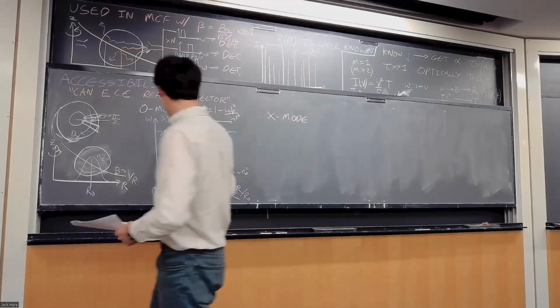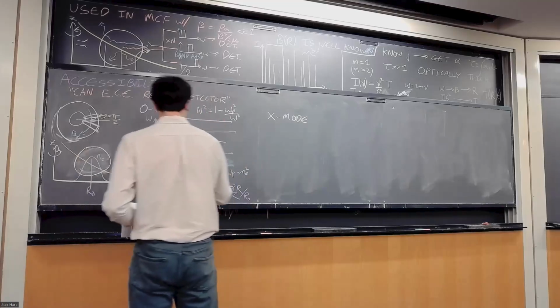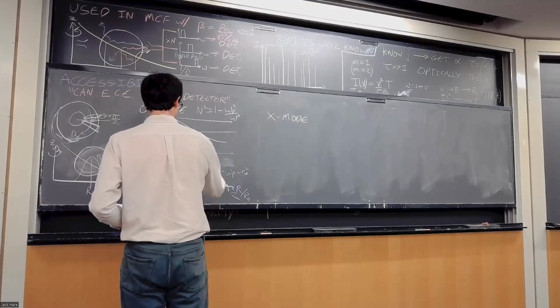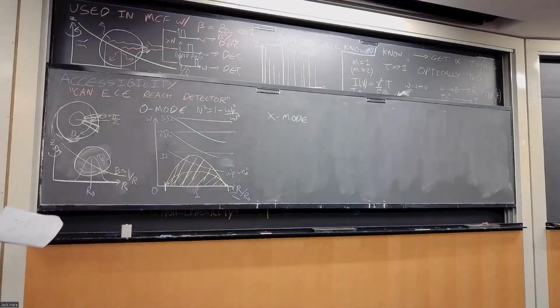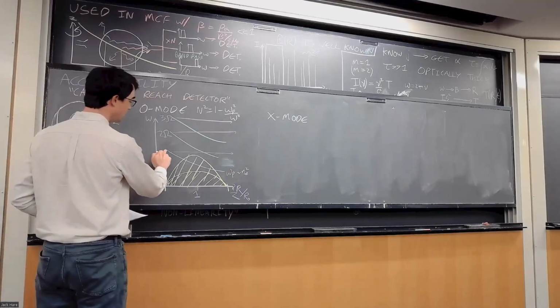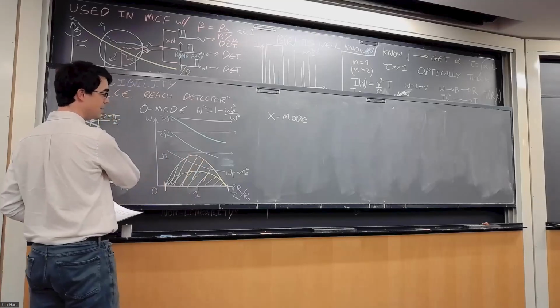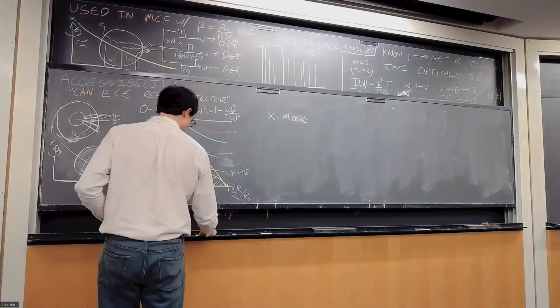But what if my plasma was a little bit denser than this? What if I increased the density in the core a little bit more? Then I could end up in a scenario where there is now an evanescent region. And in fact, almost all of this wave will get reflected back to the high field side, to the R towards 0 side, and only this region will propagate.